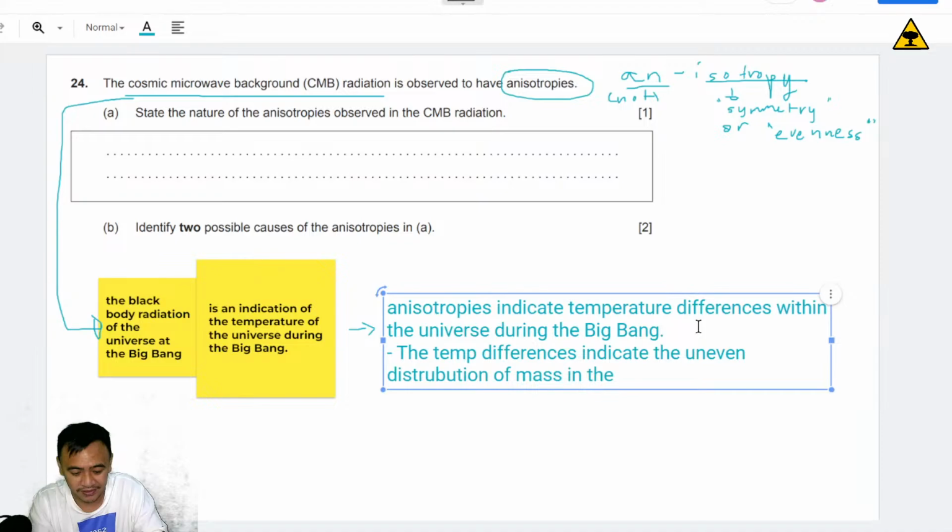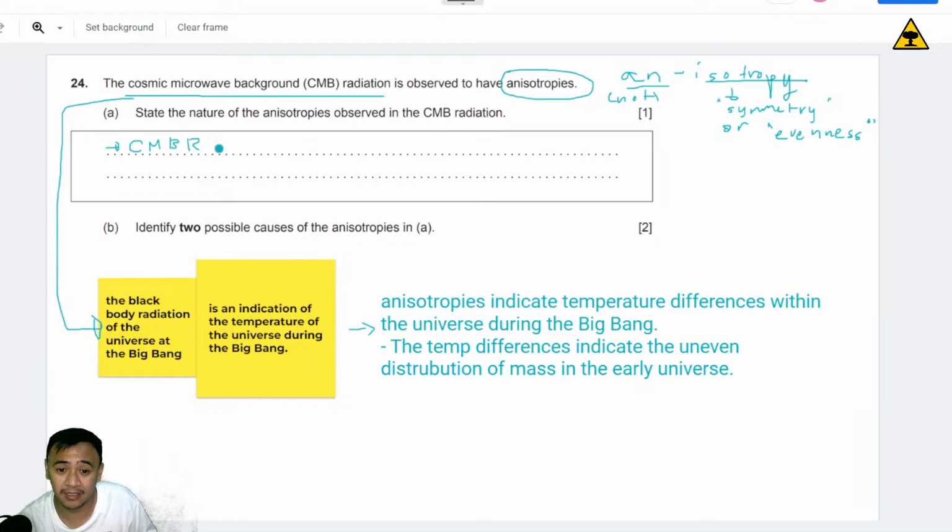Some books abbreviate this further to CMBR. CMBR is uneven, so therefore what? So therefore temperature differences. Correct. And since it's only one mark, we go straight to that answer. This goes here. All right, so I'll just type that in. CMBR.